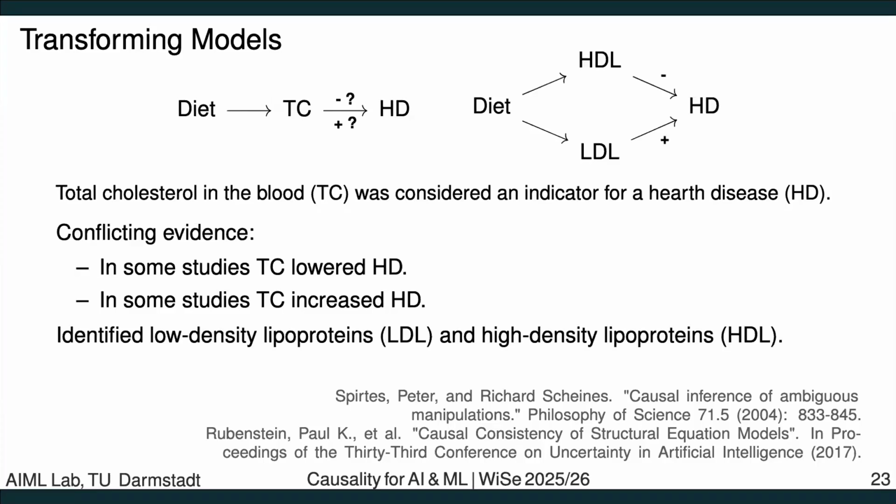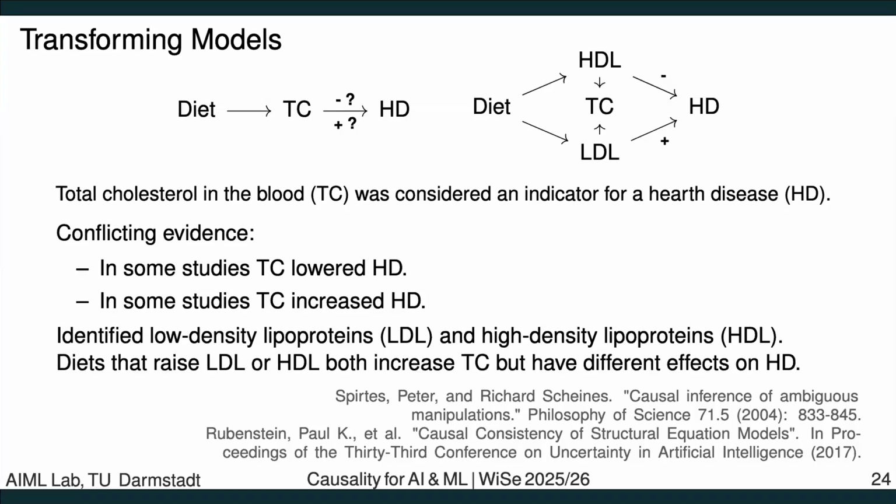Basically, what happened is people looked at this data, and after some time, they identified low density and high density lipoproteins, which basically are both cholesterols. And the problem with the prior model was that we only could measure them together. So we get the more coarse, abstracted total variable, but the high density lipoproteins reduce a certain heart disease and the others increase the chance for it.